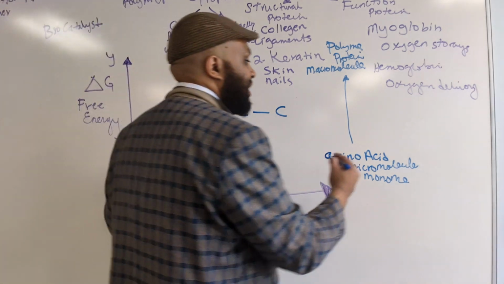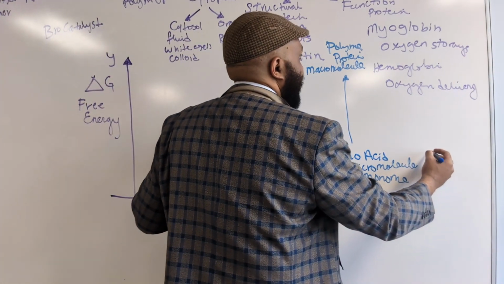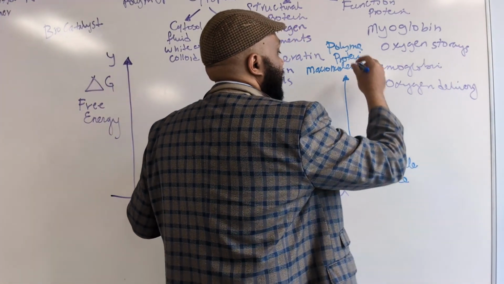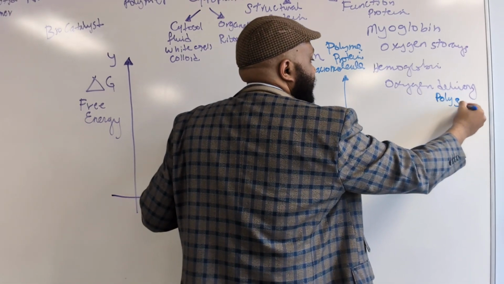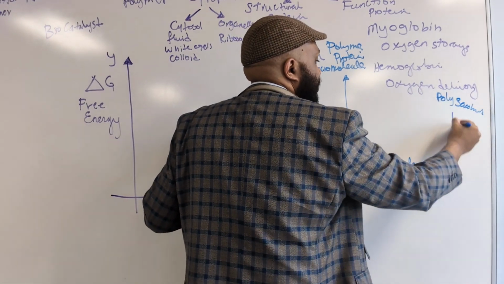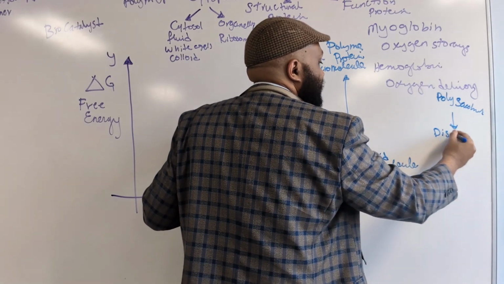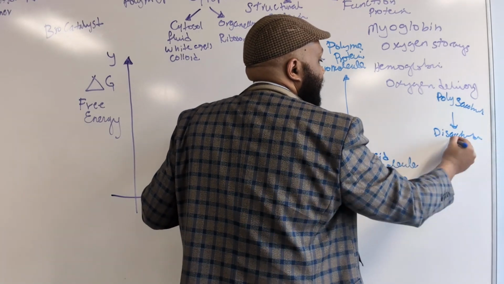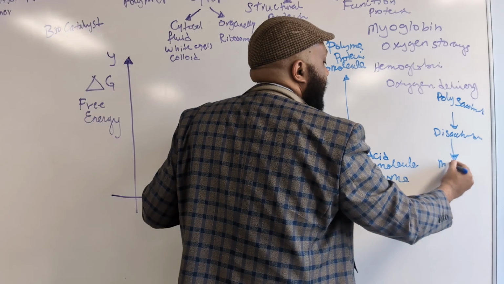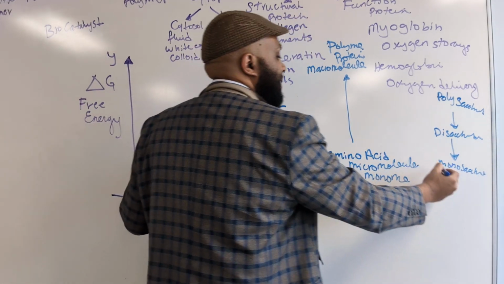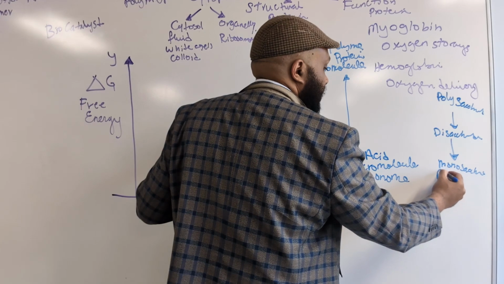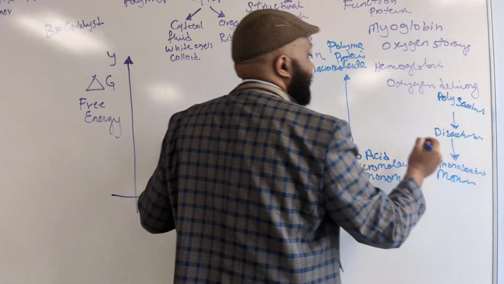If I ate a sugar, I'm going to break it down from polysaccharide into disaccharide, and then finally into monosaccharides, its monomer form.